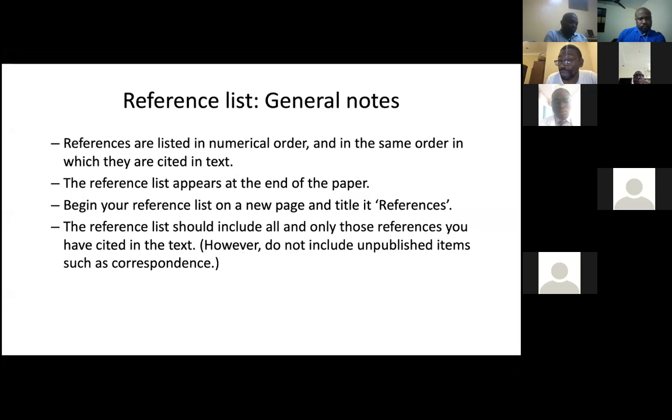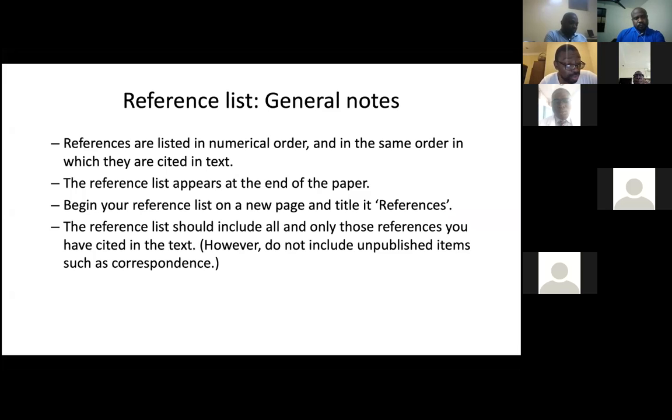So generally speaking, in creating our reference, there are some points to note. References are listed in numerical order, in the same order in which they are cited in the text. The reference list appears at the end of the paper or the thesis or the dissertation. The reference list begins on a new page and it should be titled References.